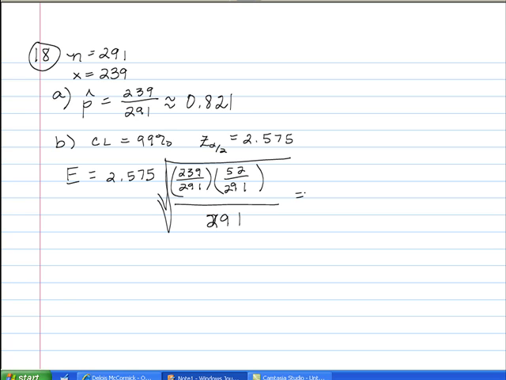All right, so this time I'm going to use the fraction since I ran into trouble. 239 divided by 291 minus 0.0578, I get 0.764.